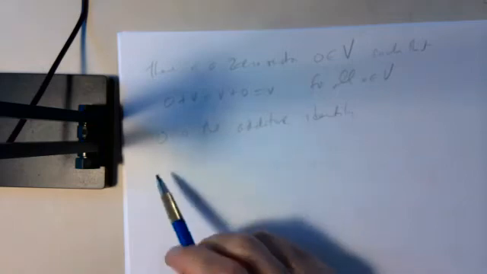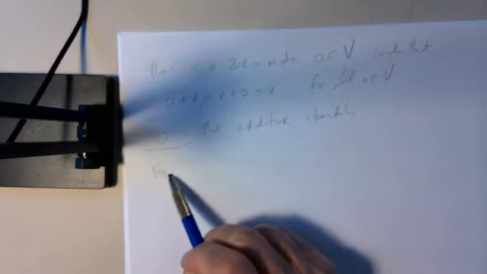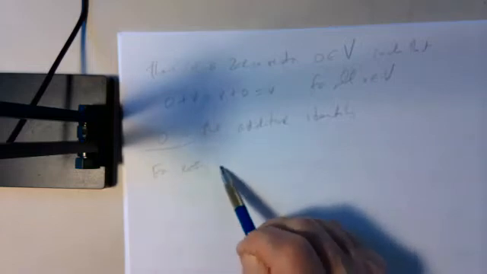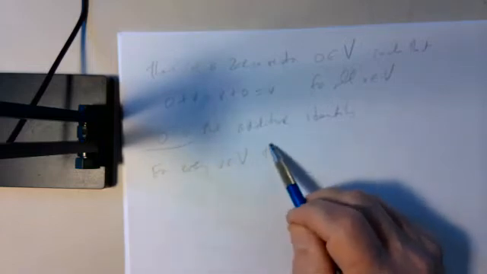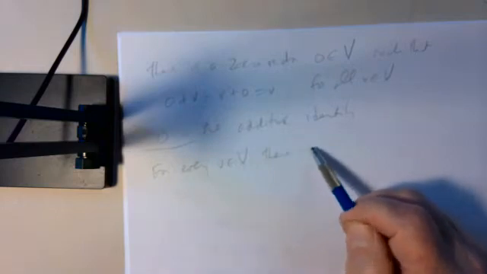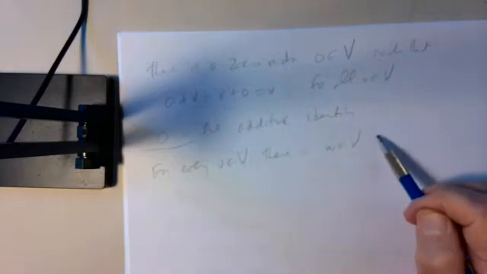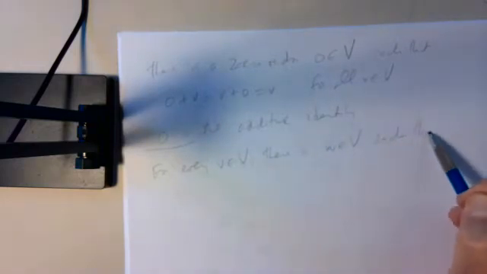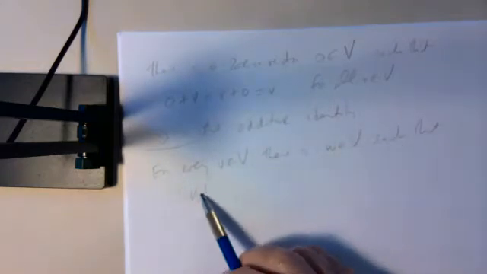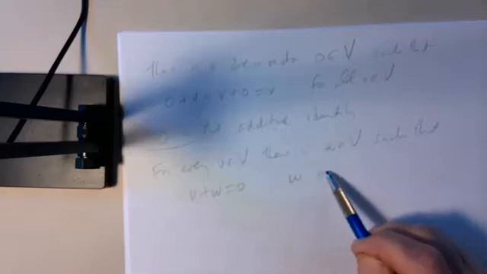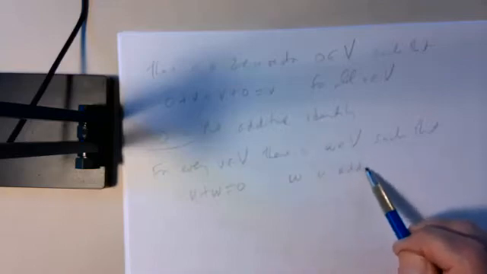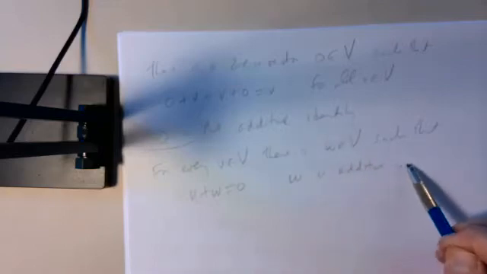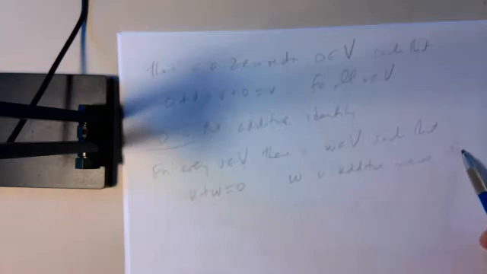And every vector also has an additive inverse. For every v in the vector space, there exists a vector w in the vector space such that v plus w is 0. And w is called the additive inverse of v.